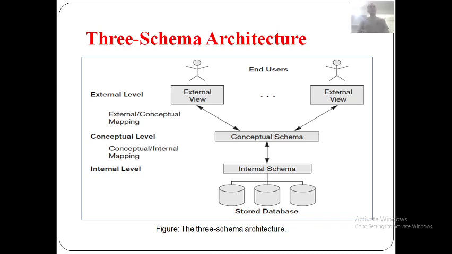Then the conceptual or internal mapping, which is the mapping between the conceptual and internal level. Next we have the internal level, also called the internal schema. After the internal schema, we have the stored database.